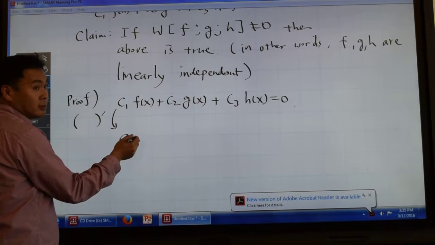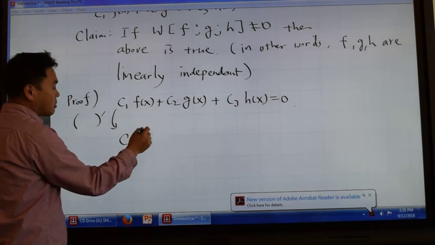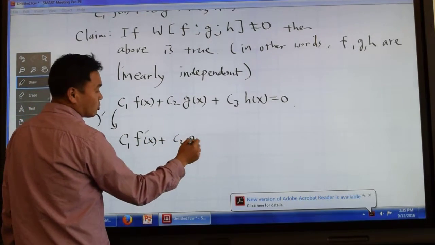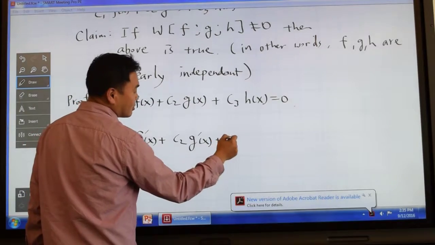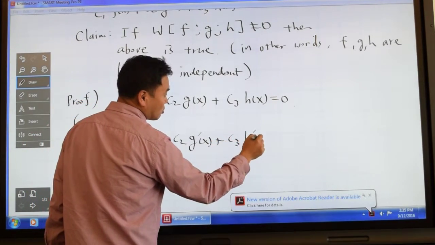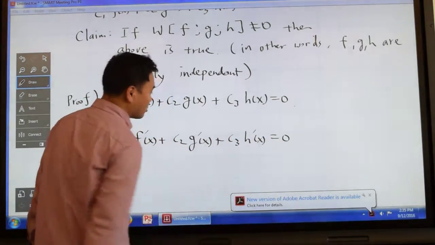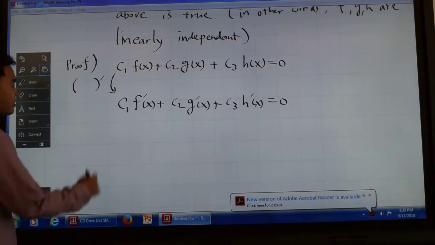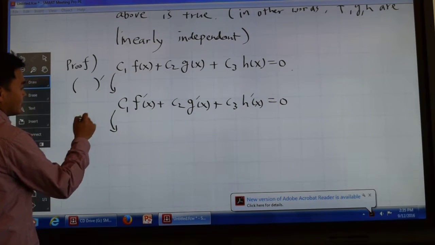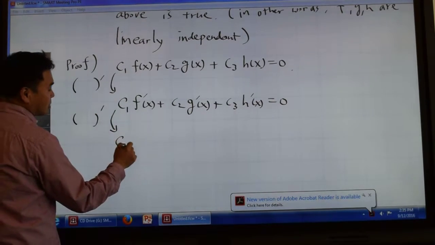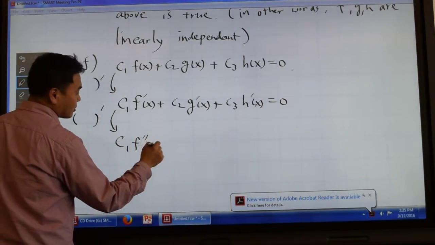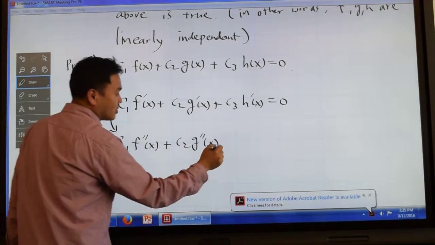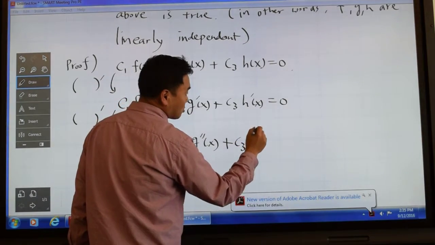C1 f prime of x plus C2 g prime of x plus C3 h prime of x equal to 0, right? And I can differentiate one more time. And I get C1 f double prime of x plus C2 g double prime of x plus C3 h double prime of x.